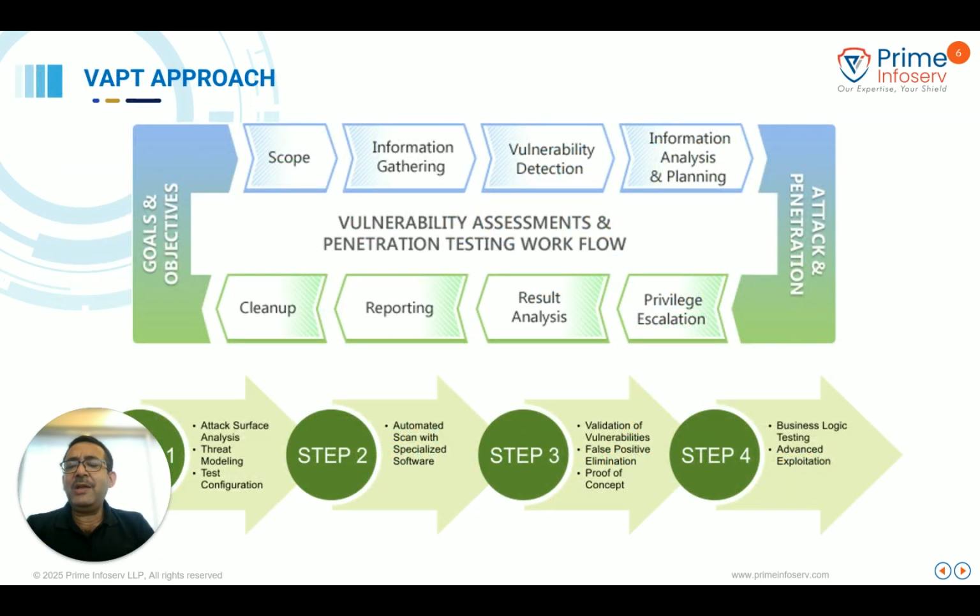Fundamentally, VAPT follows certain processes, and this pictorial diagram explains how the exercise is conducted. Initially we define a scope, then we have the asset inventory and collect that information.